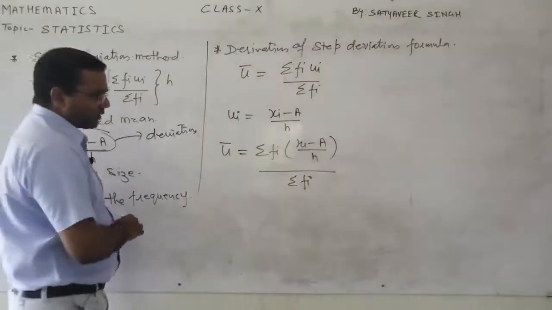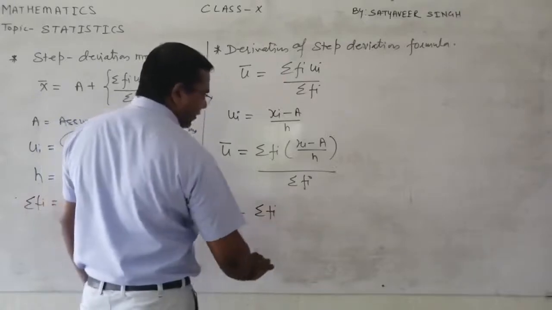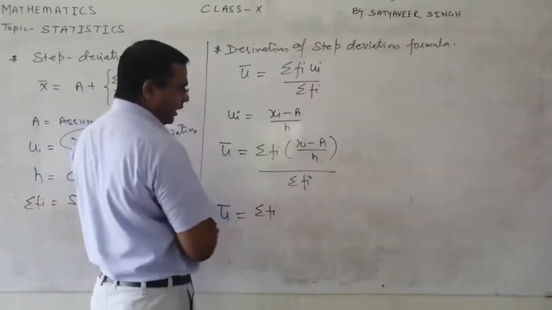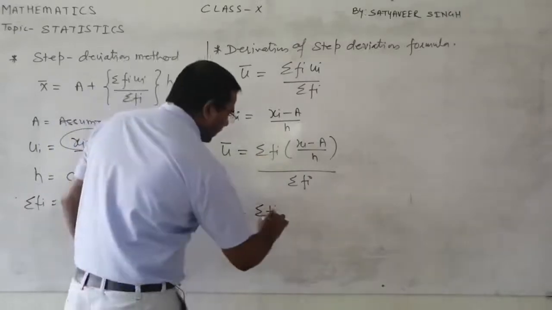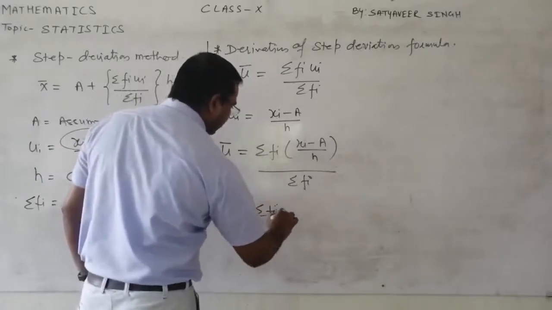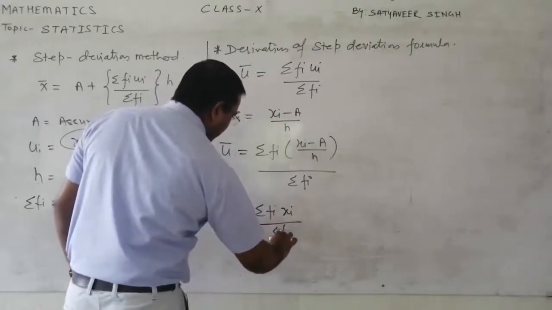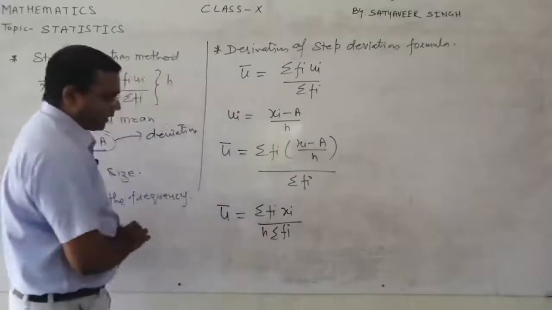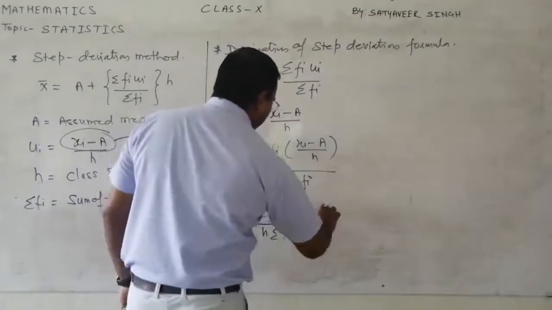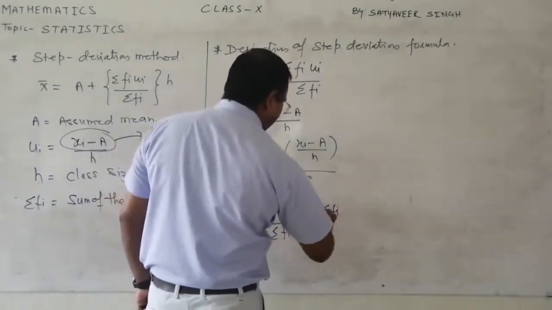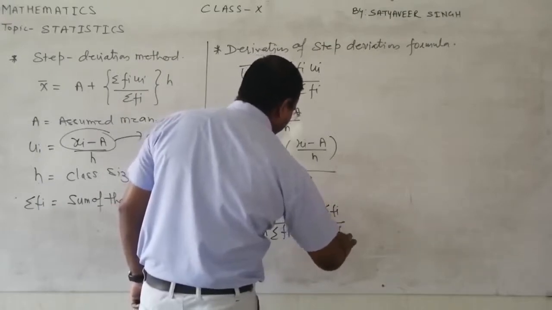If you solve this further, and I am solving this again, if you multiply by this fi, you can write it as summation fi xi upon summation fi into h, and here we can write further minus summation fi into a upon h into summation fi.